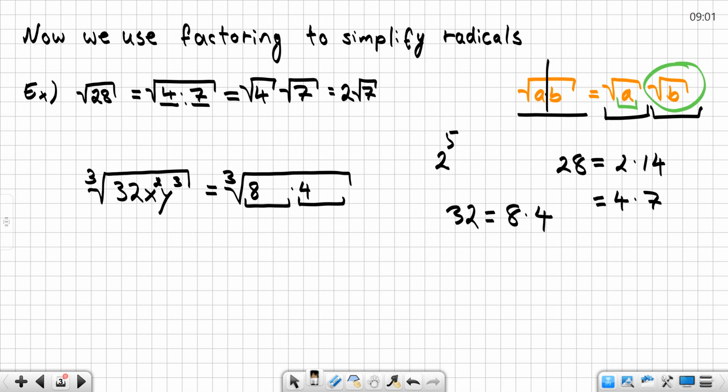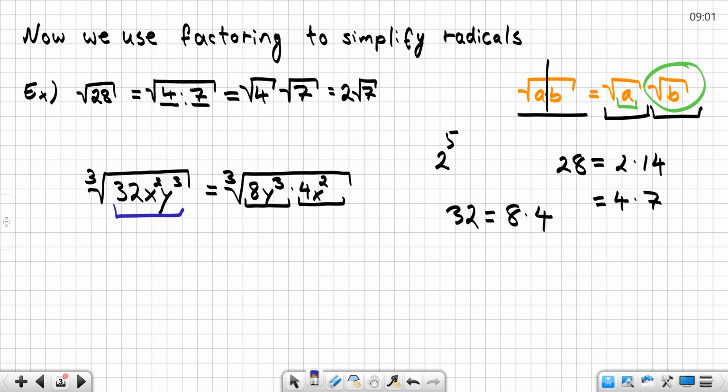Then I look at my variables. x squared is not a perfect cube. The exponent is not even big enough to have a 3 in there. But y cubed is also a perfect cube. So I split this radicand now into two factors, into 8y cubed times 4x squared.